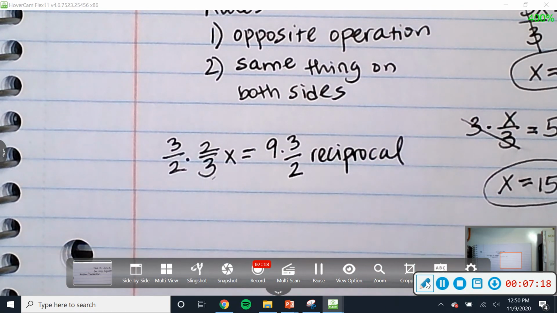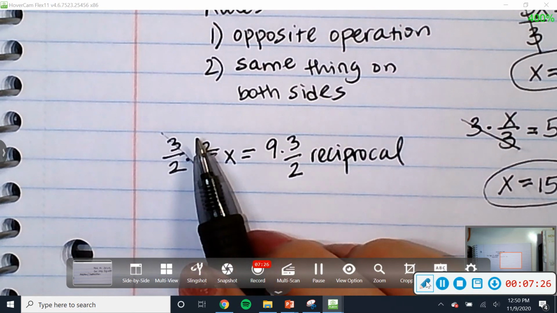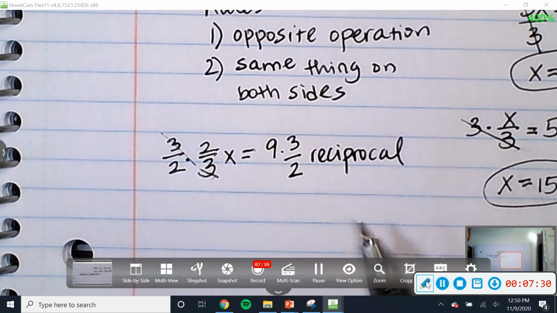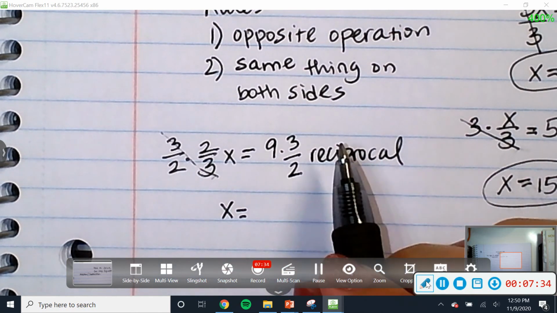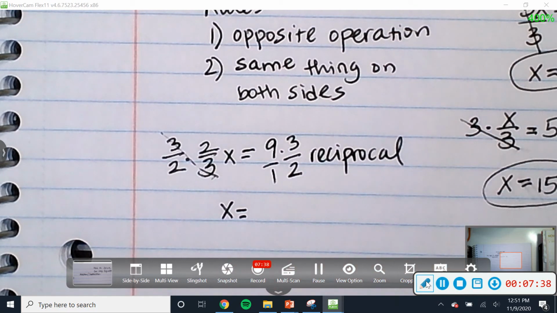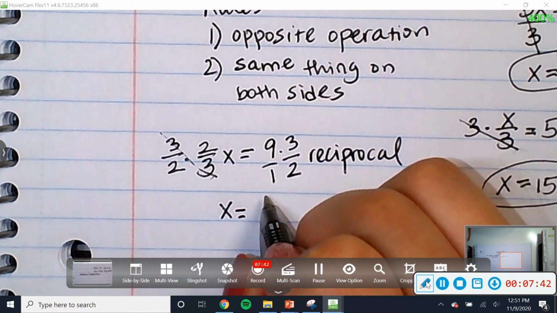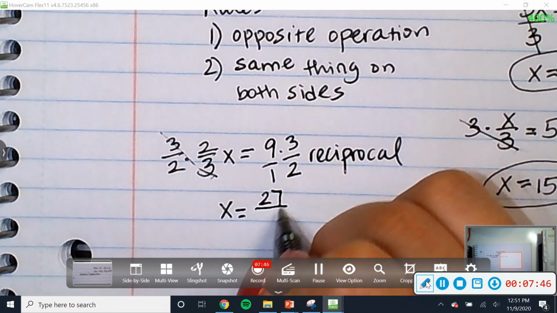When we have this reciprocal now, and we need to rewrite the problem, these fractions would always cancel out. So you'll always cancel out your reciprocal and the original fractions. You'll just be left with x on the left side. On the right side, you'll need to solve this. We can write a 1 underneath the 9, and we just multiply across. So 9 times 3, which is 27, and 1 times 2, which is 2.